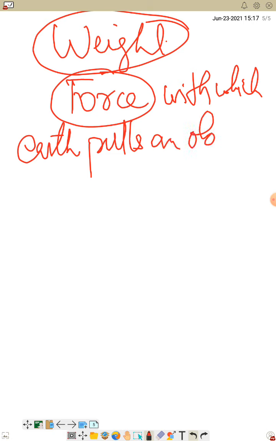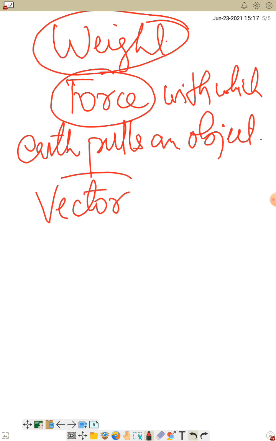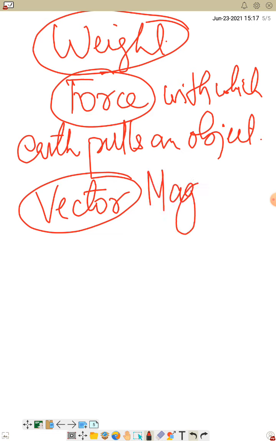Earthले कतिको forceले कुनै पनि objectलाई pull गर्छ. Measure of that force is called weight. It is a vector quantity. So it has both magnitude and direction.